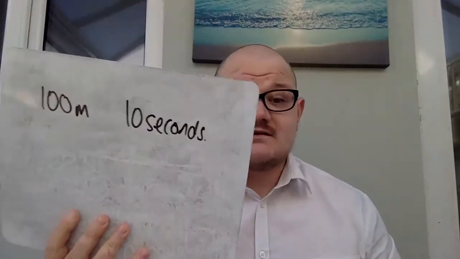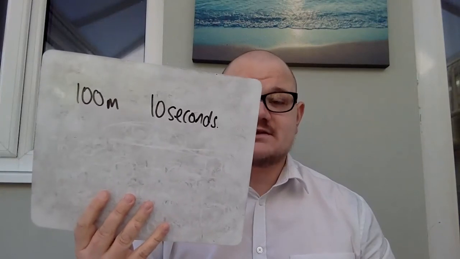So if you think of Usain Bolt, if he ran 100 meters, I'll write it down for you. If he ran 100 meters and it takes him 10 seconds to run it, I know he can run it faster, but for ease, we're going to go with 10 seconds. If he ran 100 meters in 10 seconds, we can work out his speed. So we do speed equals distance divided by time.